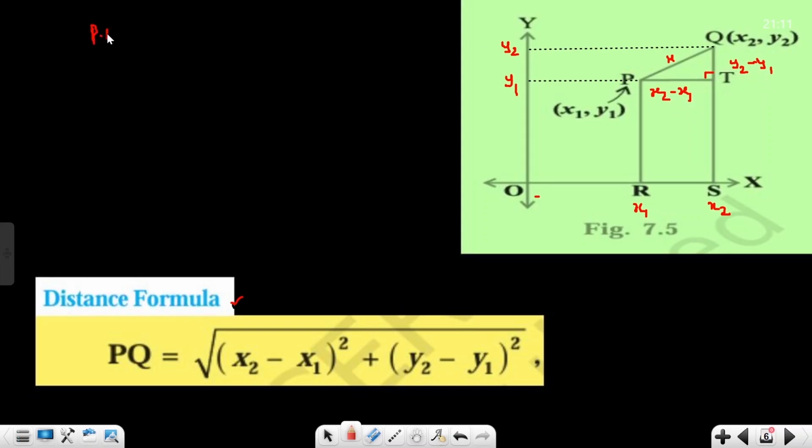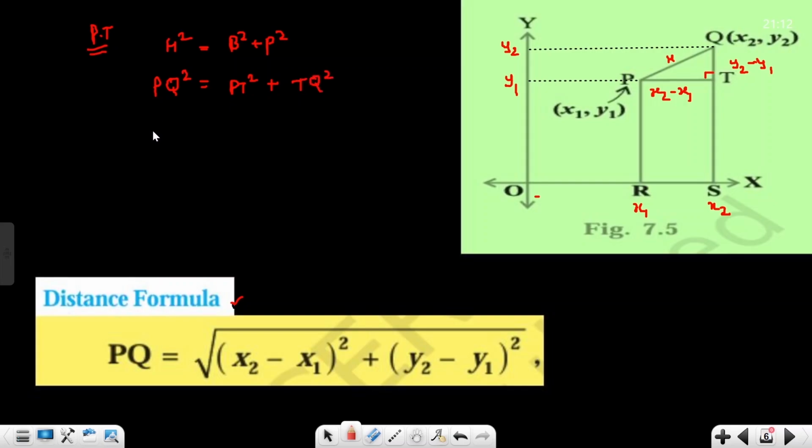And what about the Pythagoras theorem? It means hypotenuse square equals base square plus perpendicular square, the other two sides squared. Hypotenuse here is PQ, base is PT, and perpendicular is TQ.